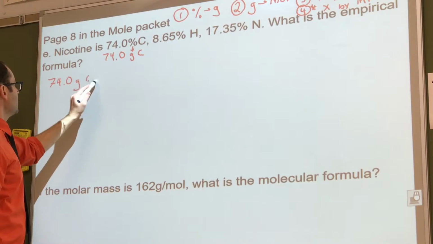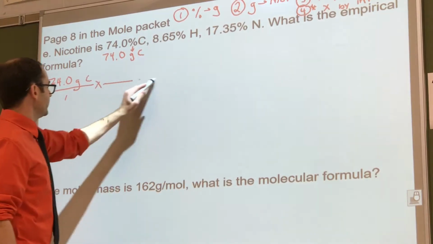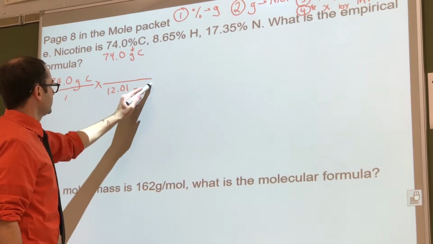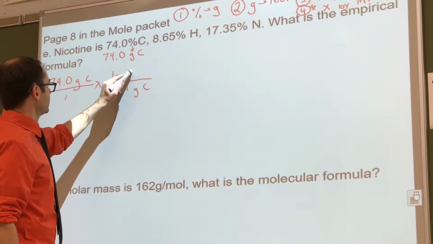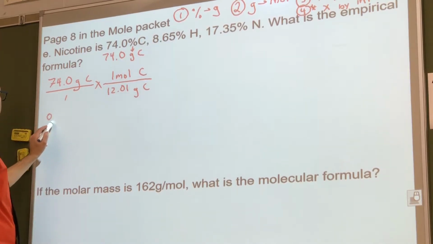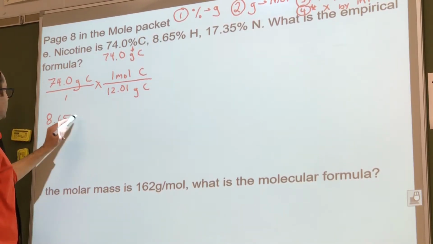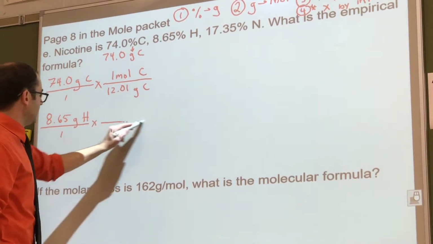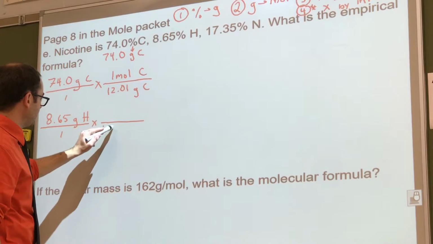74.0 grams of carbon. We're going to convert that into moles of carbon. All right, we're also going to have to do the same thing for hydrogen. The bottom number is grams, and we get that from the periodic table.